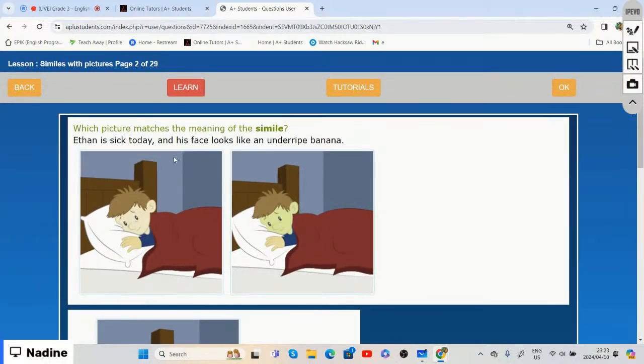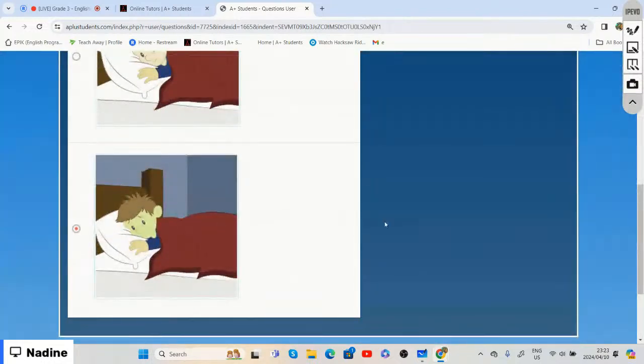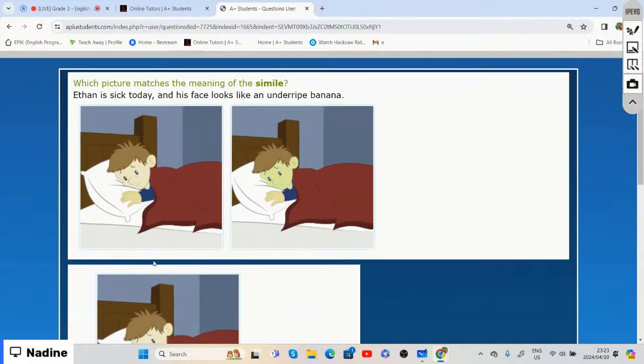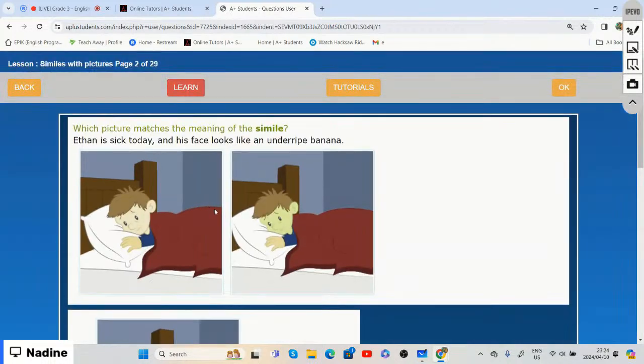So we're comparing his face to an underripe banana. And if we choose the correct one, we can choose the second option. So all of us chose option 2.